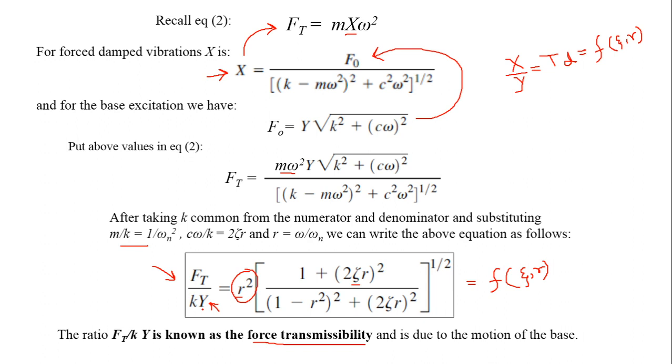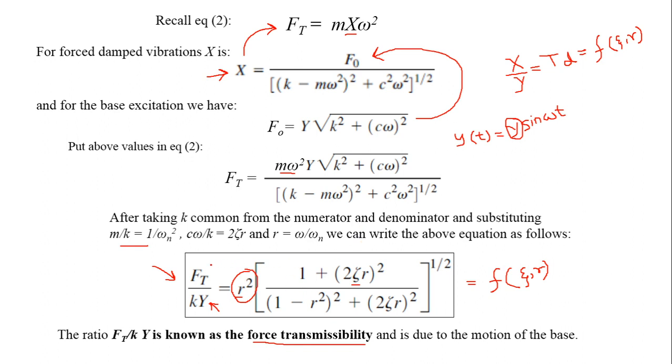So in order to find the transmitted force, the transmissibility of force, you need to know the stiffness of the system and the amplitude of the base excitation, that is the capital Y, because we know that the motion of the base as a function of time t can be written as this capital Y harmonic function. So you should be able to know this if you want to use this formula.